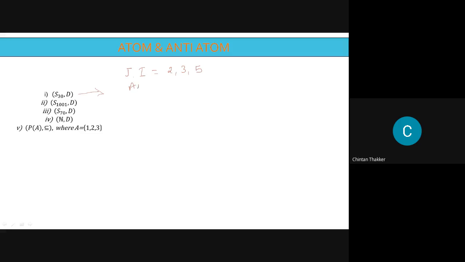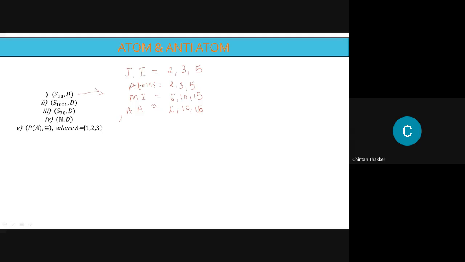Atoms 2, 3, and 5. Meet irreducible are 6, 10, and 15. Anti-atoms are 6, 10, and 15.